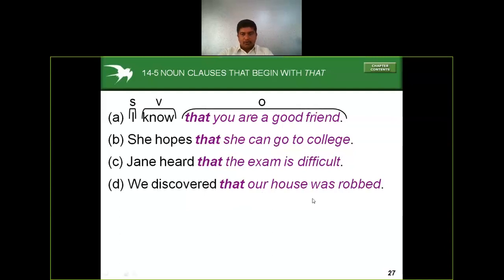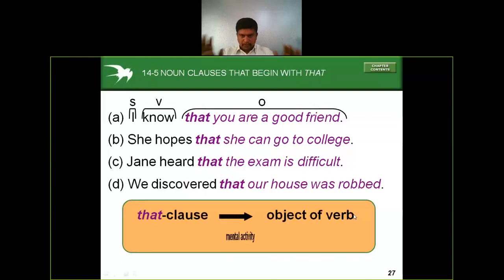That our house was robbed. Take up the formula here. That is a clause. Going with the object of the verb, it will always be a verb connected to the verb. Mental activity. We shall go.